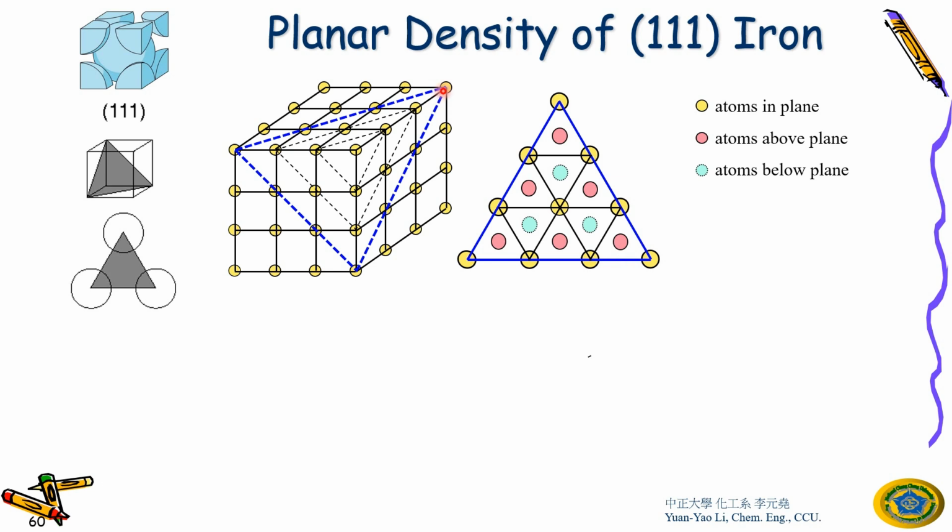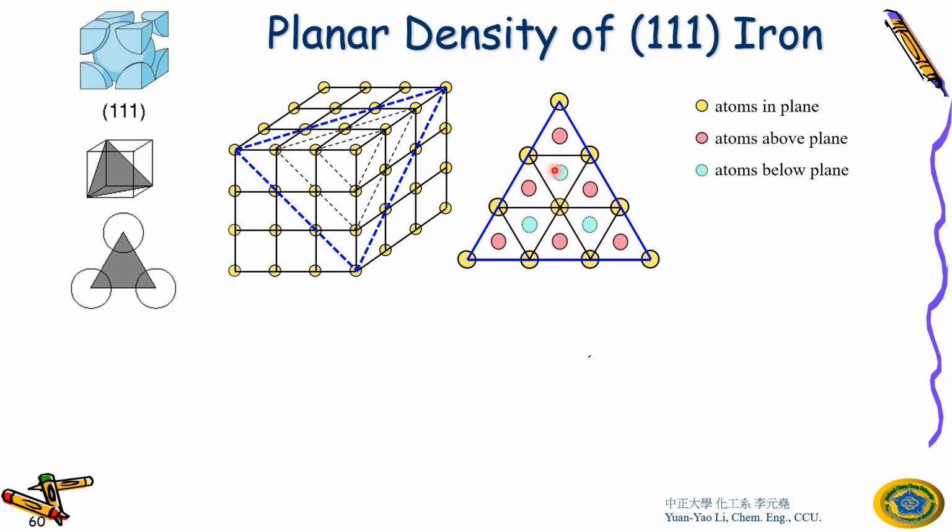So this one represents this one, this one represents this one. Okay, so use a little bit of imagination. And how about this one? This atom is above the plane.